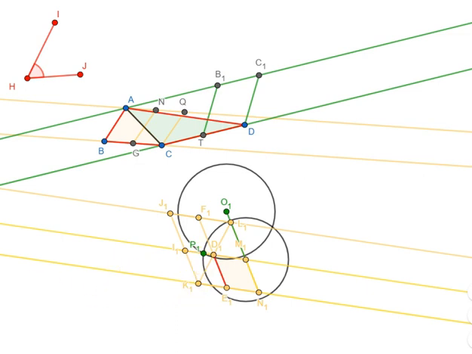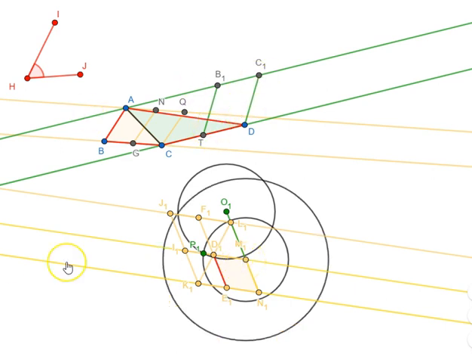Now we draw a circle at M1 of radius TC1 and we draw a circle at O1 of radius TD. Now just mark the points of intersection and join the points.